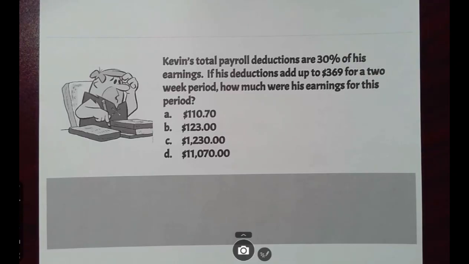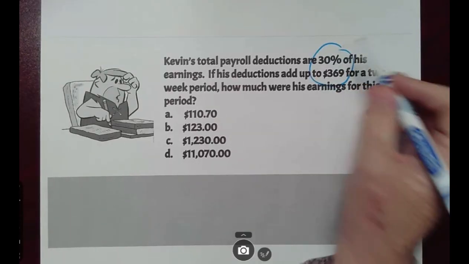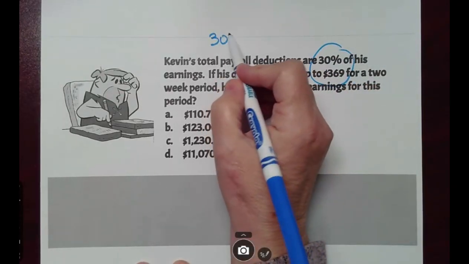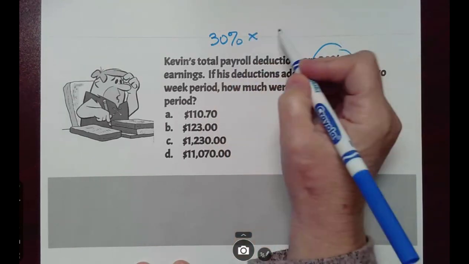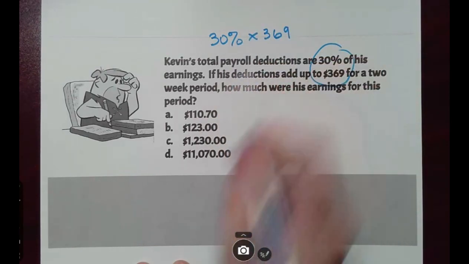So in this first question, it says, Kevin's total payroll deductions are 30% of his earnings. If his deductions add up to $369 for a 2-week period, how much were his earnings for this period? And what many students will do, they see this and they will think 30% of 369.